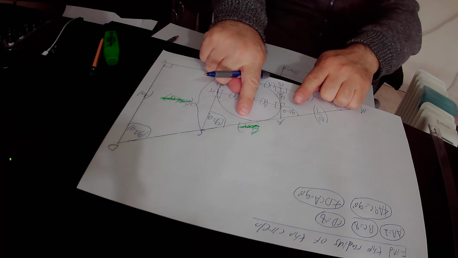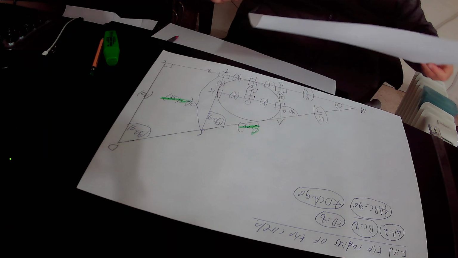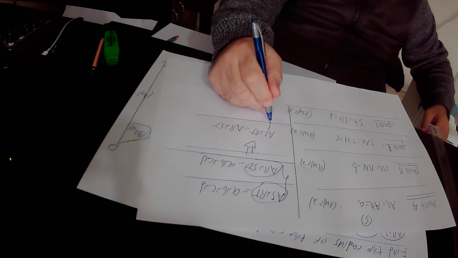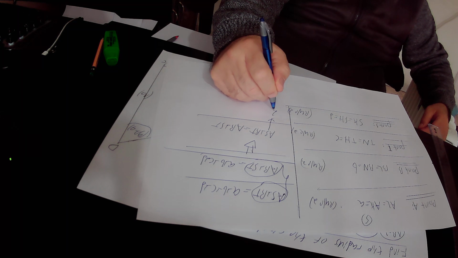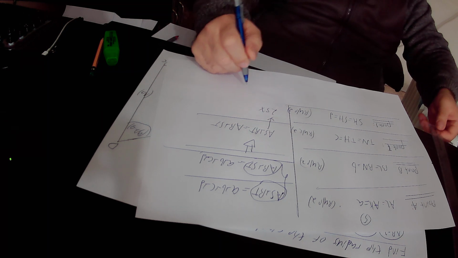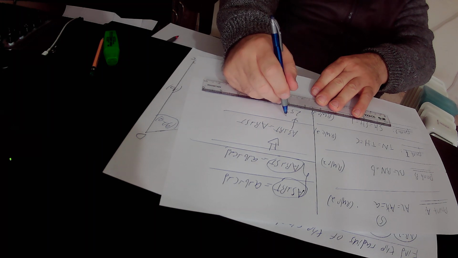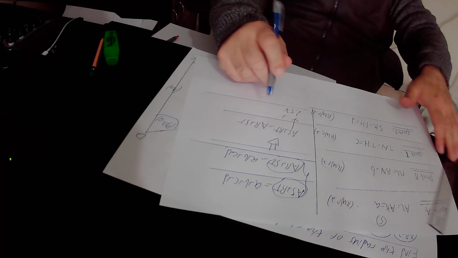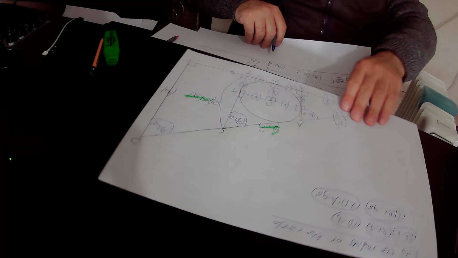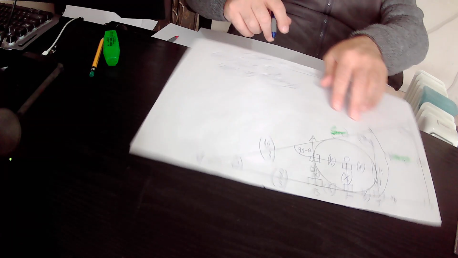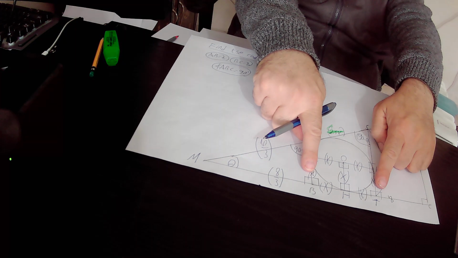AS equals 2.5x, so we substitute AS here by 2.5x plus BT. Here, BT equals x plus x, that is 2x.